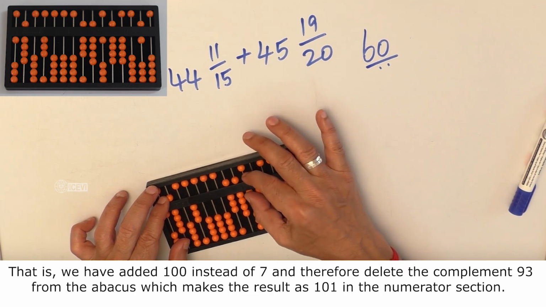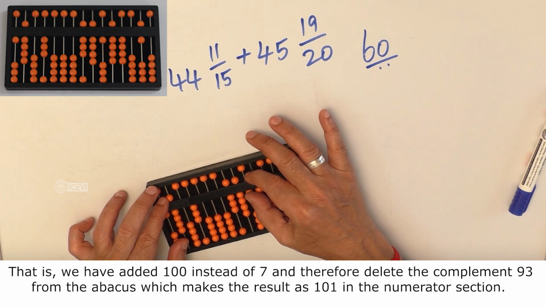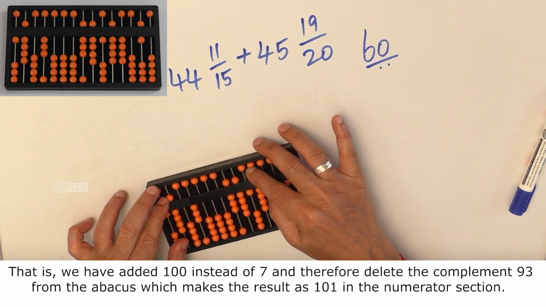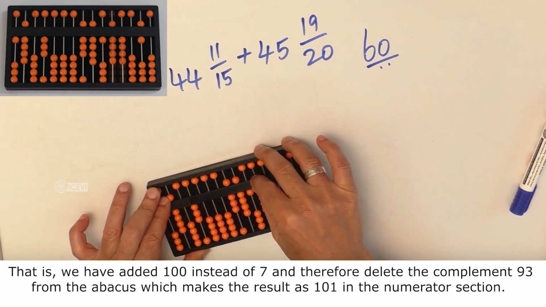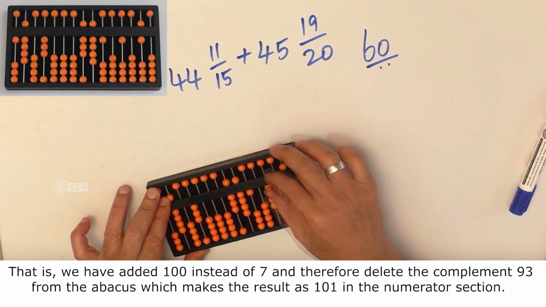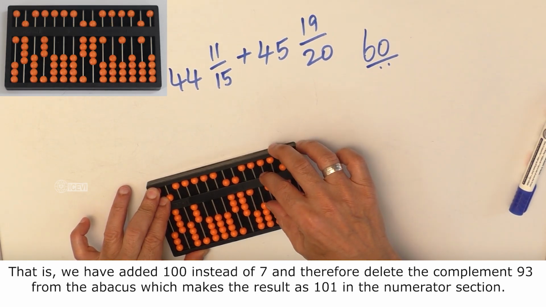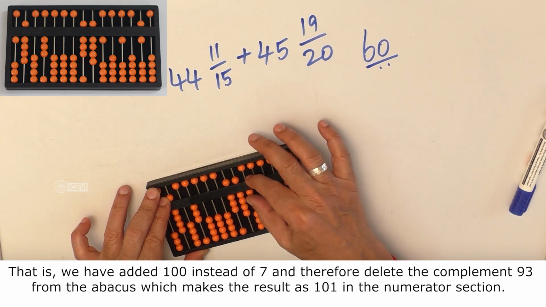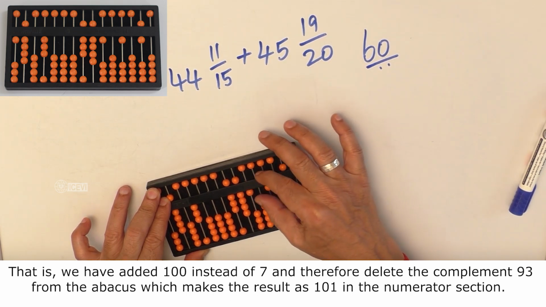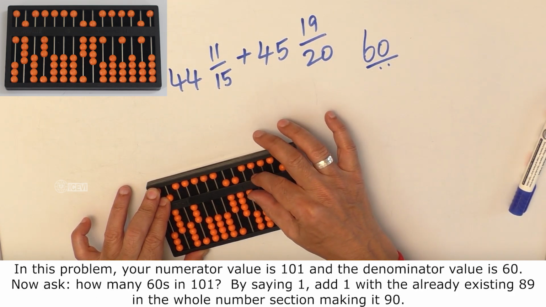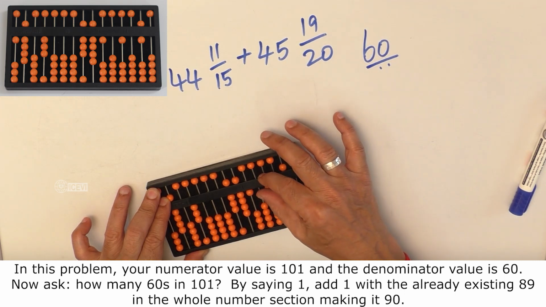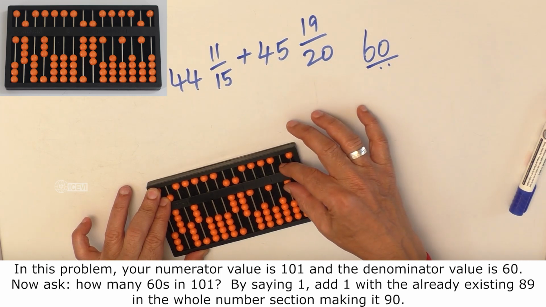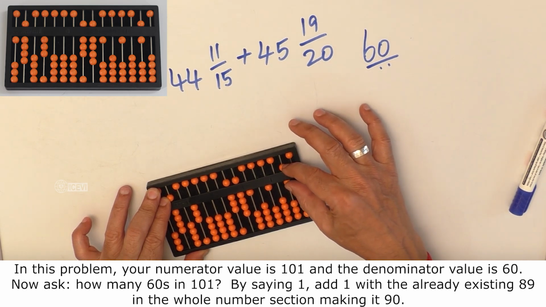That is, we have added 100 instead of 7, and therefore delete 93 from the abacus, which makes the result 101 in the numerator. In this problem, your numerator value is 101 and the denominator value is 60.